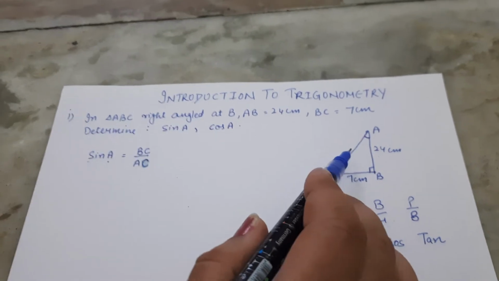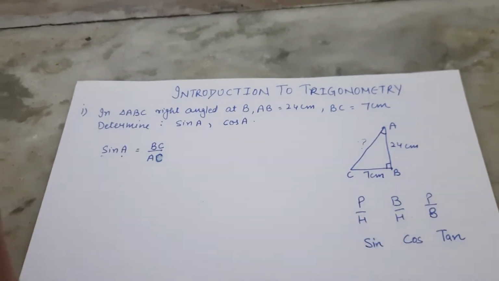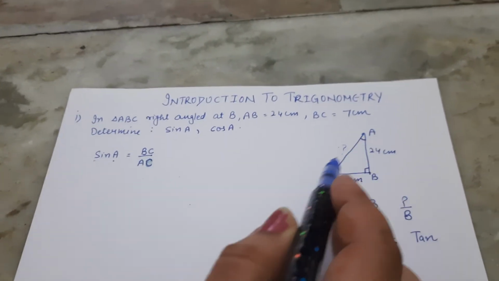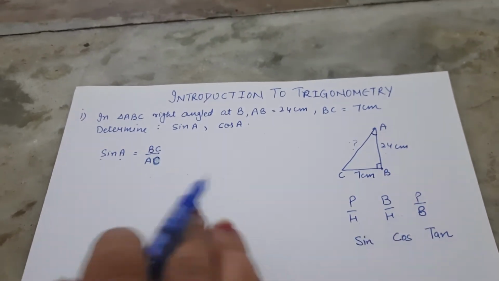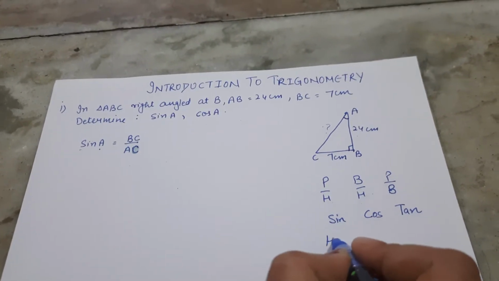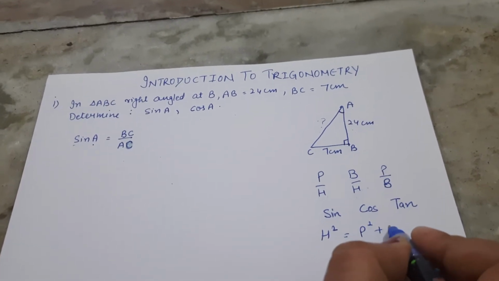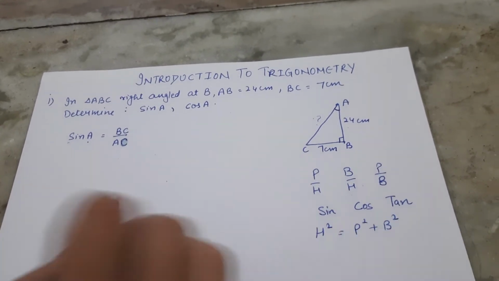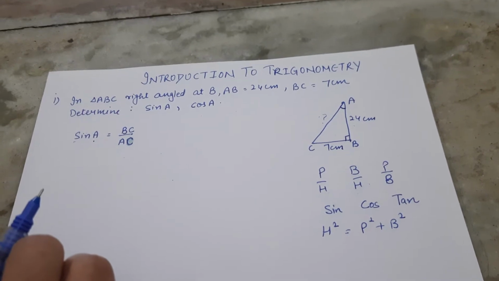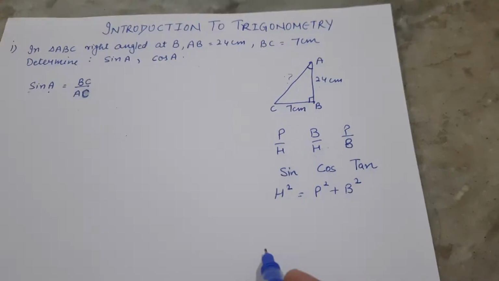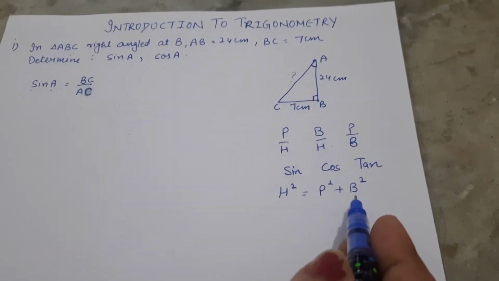Before that we should know about this AC. This is a right angle triangle, so as per the Pythagoras theorem, the square of the hypotenuse is equal to the sum of the squares of the other two sides.